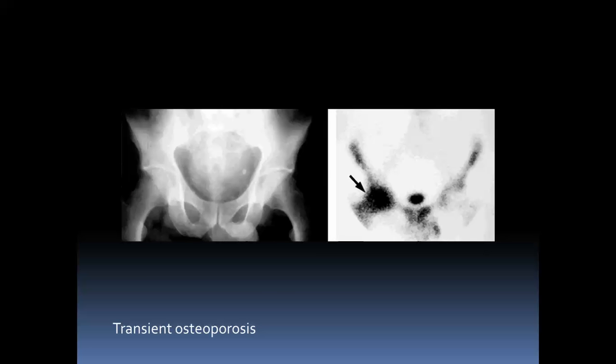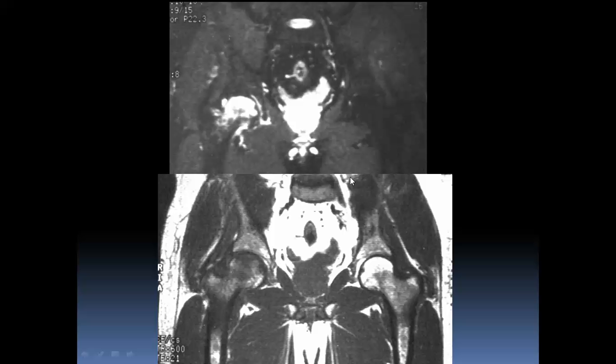Transient osteoporosis is usually seen as decreased density. Transient osteoporosis is hot because of hyperemia. Transient osteoporosis is edematous bone. This is in T1 and this is in T2, just edema of the bone.